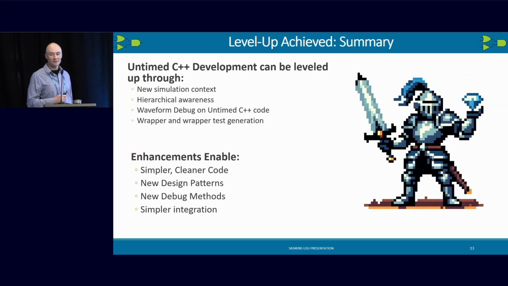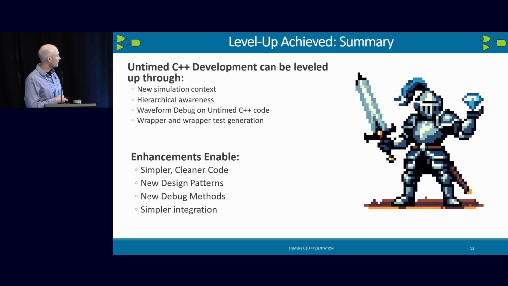All right. So our level up has been achieved. It's been achieved through improving the simulation context of Untimed C++, the hierarchical awareness, the waveform debug on Untimed C++ code, and the wrapper and wrapper test generation. And these enhancements ultimately enable simpler, cleaner code and new design patterns.